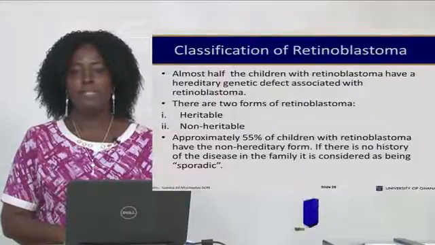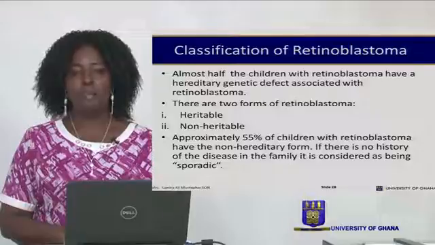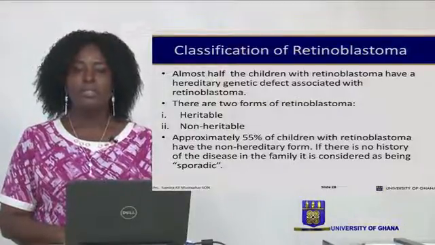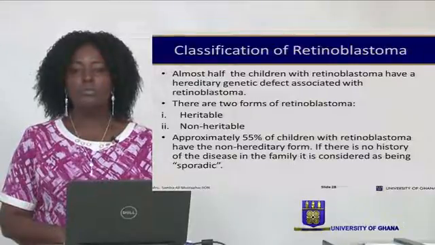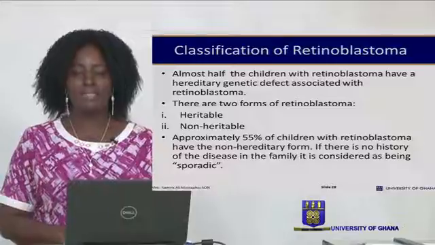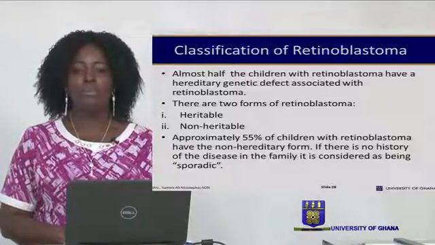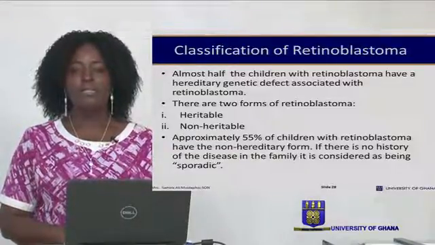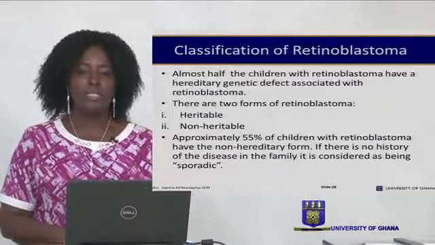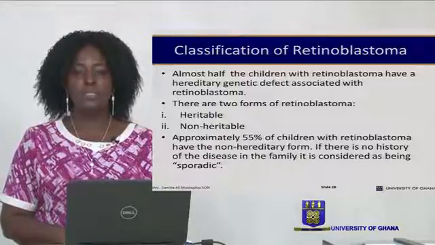Approximately 55% of children with retinoblastoma acquired it from the environment. So in cases where this differentiation is made, it is elicited by family history or taking history. And in cases where there is no history of this condition in the family, then it is considered sporadic.